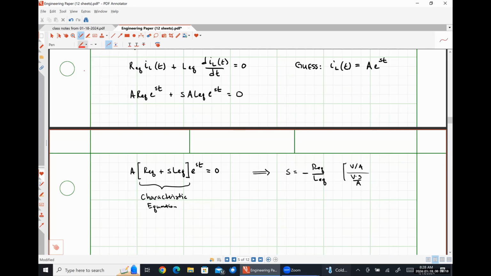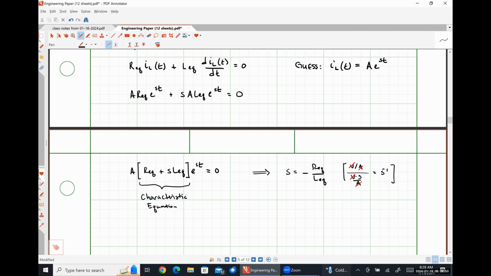So effectively, the volts in the numerator of the numerator cancel out the volts in the numerator of the denominator. That is wildly confusing. The amps in the denominator of the numerator get canceled out by the amps in the denominator of the denominator. And what we're left with is something that's measured in per seconds. So this is a frequency, effectively. Something measured in per seconds, I'm always going to call it a frequency.